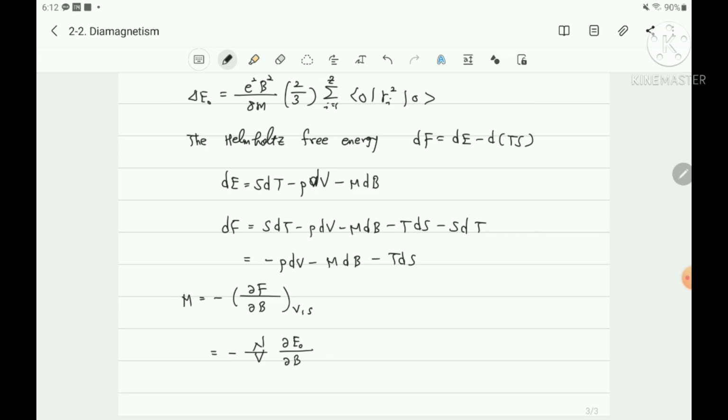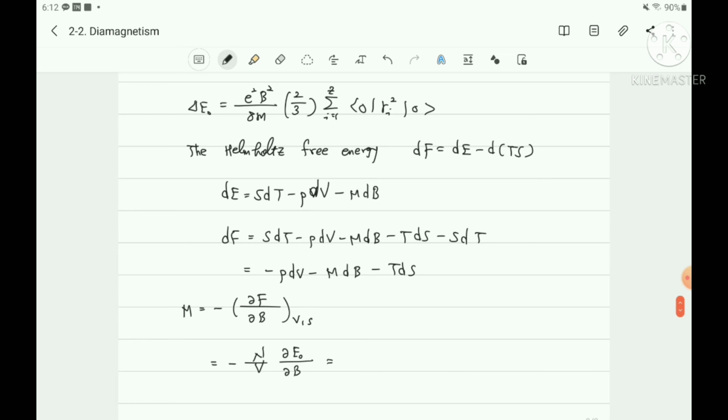For a solid composed of N ions in a volume V, there are two spin components, and we get minus e square B over 6m, N over V, summation for Li square.